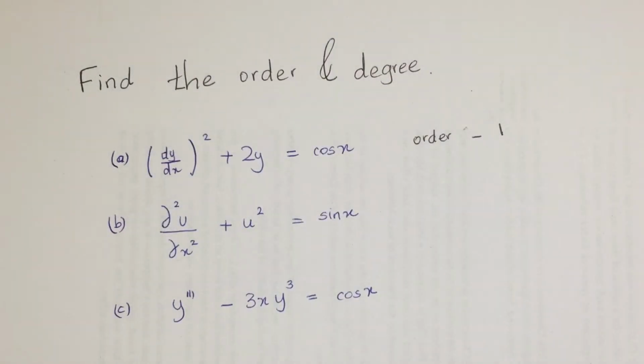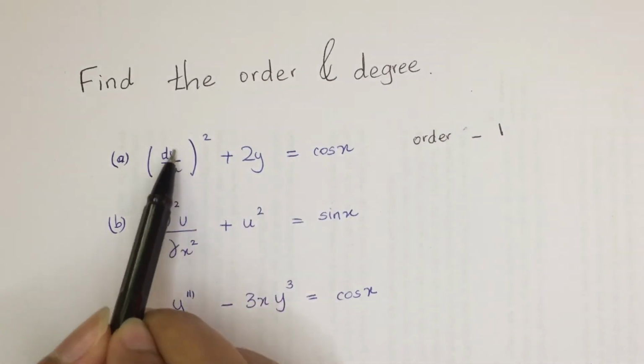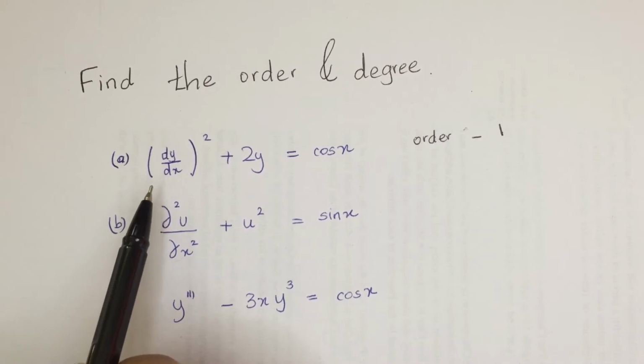So the next part we are going to discuss is the degree of a differential equation. The degree of a differential equation is determined by the exponent of the highest derivative in it. We have already found the highest derivative in this equation, which is dy over dx, the first derivative of y.